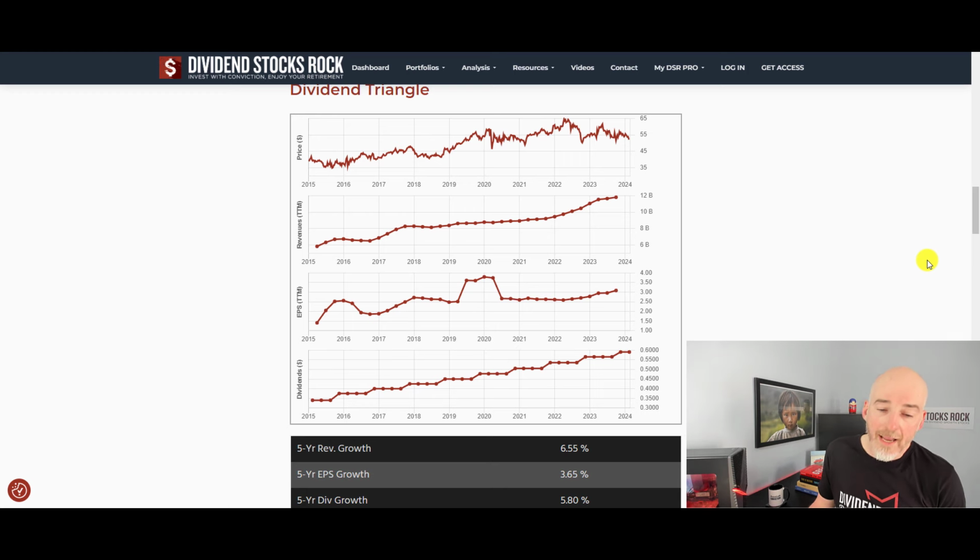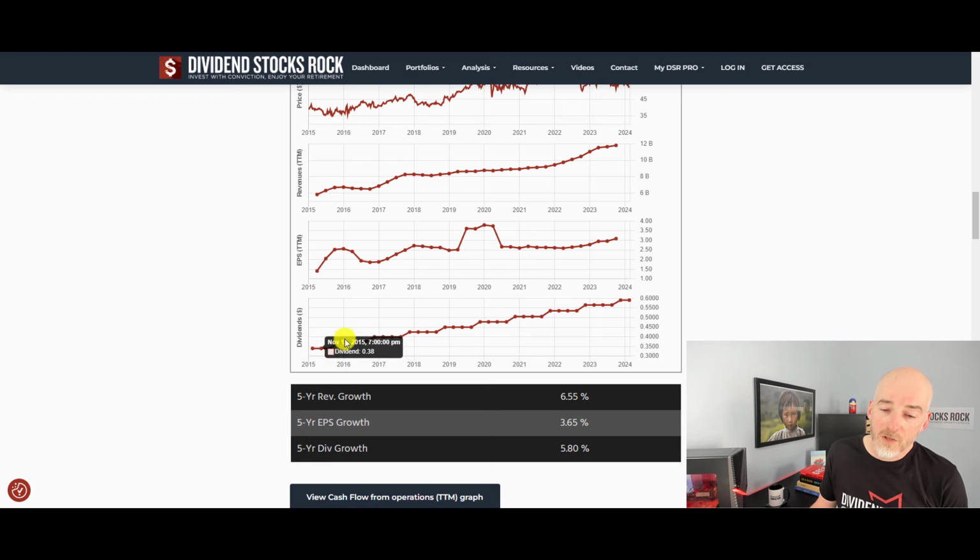And from the dividend growth history, it grows at a mid-single digit number pretty much every year. It shows over 50 consecutive years of dividend increases, and the past 5 years is at 5.8%.